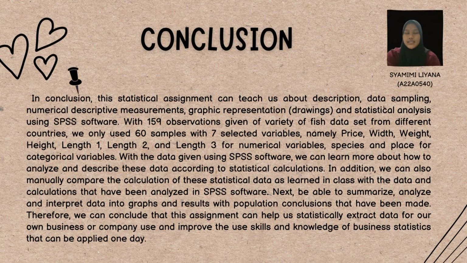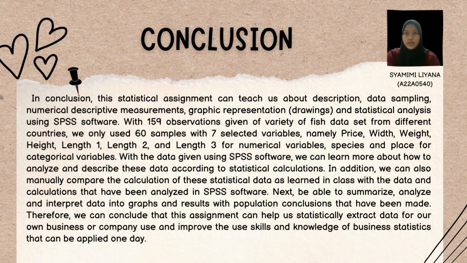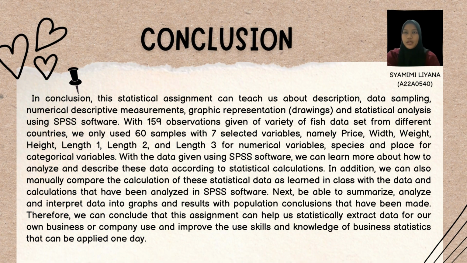In conclusion, this statistical assignment can teach us about description, data sampling, numerical descriptive measurements, graphic representation, and statistical analysis using SPSS software. With 155 observations given in a fish data set from different countries, we only use 60 samples with 7 selected variables, namely price, width, weight, height, length 1, length 2, and length 3 for numerical variables, and species and place for categorical variables.